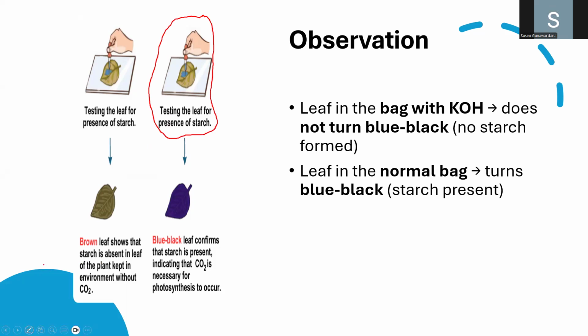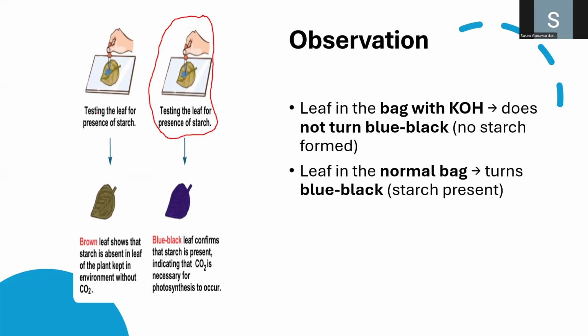It means it has done photosynthesis. It means there is starch. So if you do the iodine test, it means if you add iodine after doing the starch test, you can see that blue-black color.